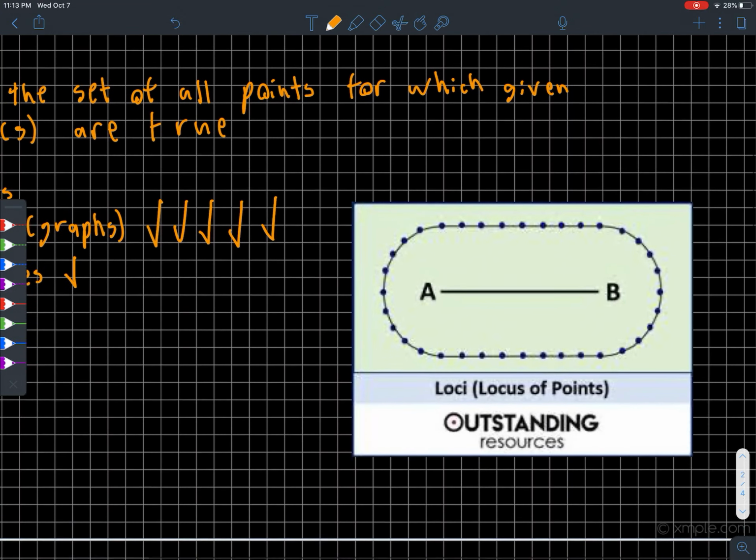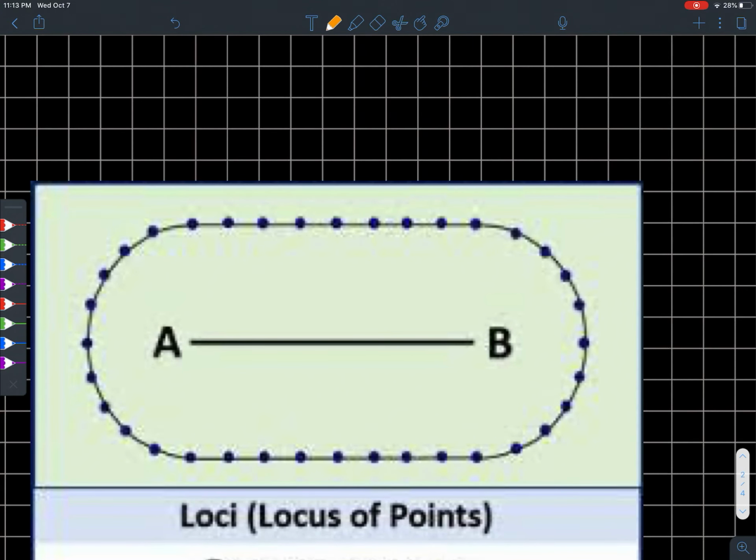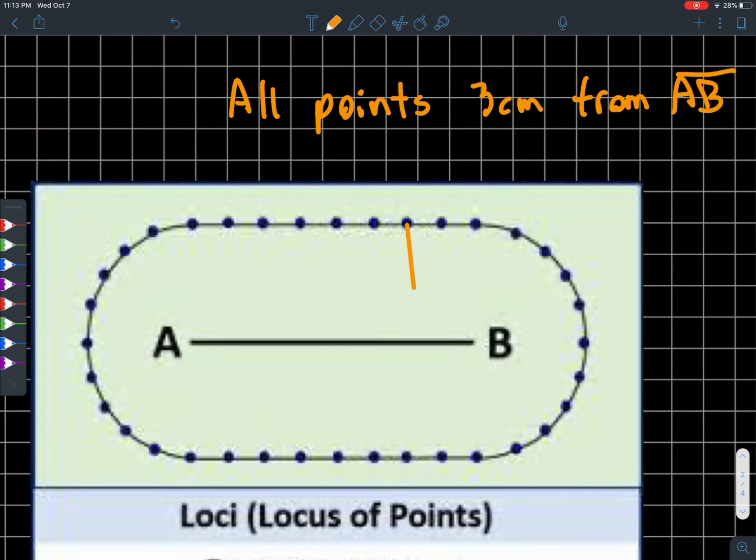All right. And of course, if you guys don't remember this from geometry, this is like all points 3 centimeters from A, B, like this.